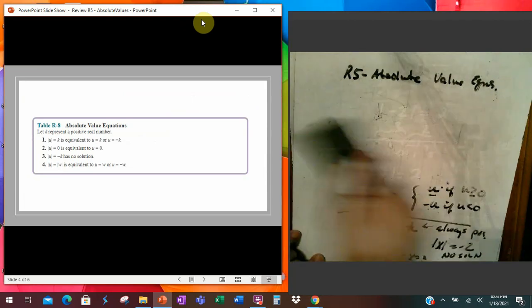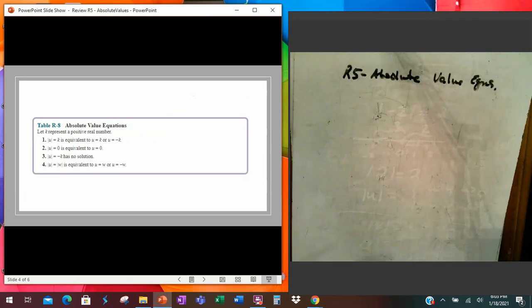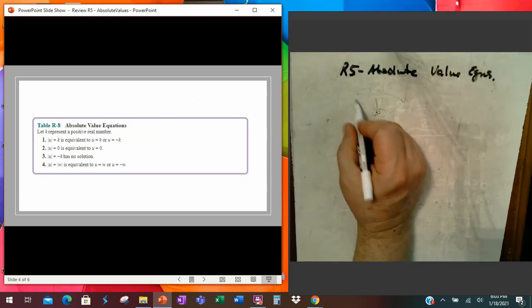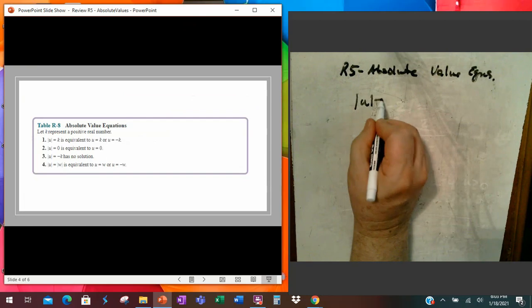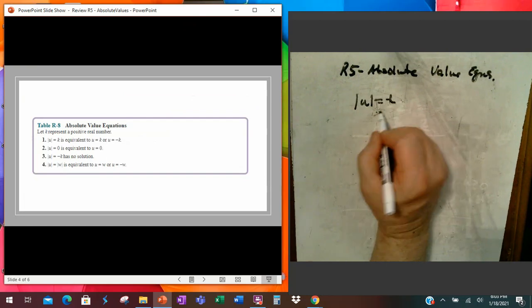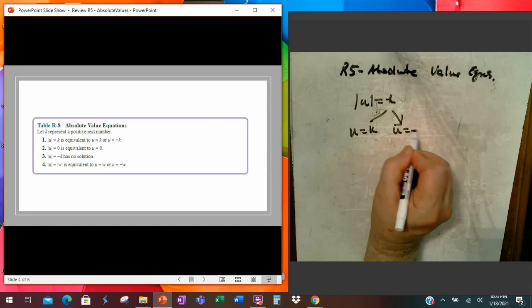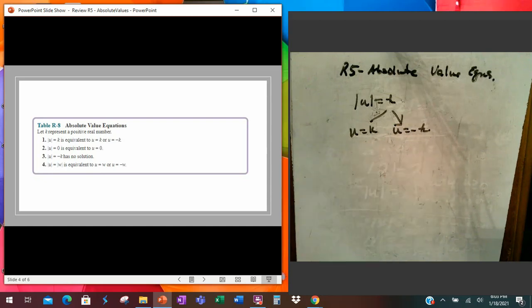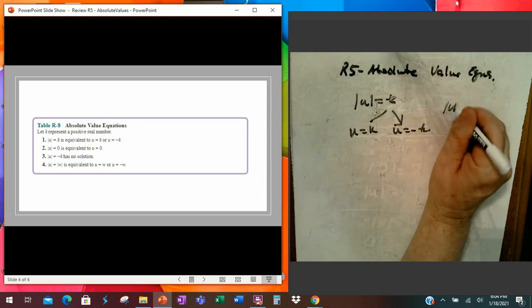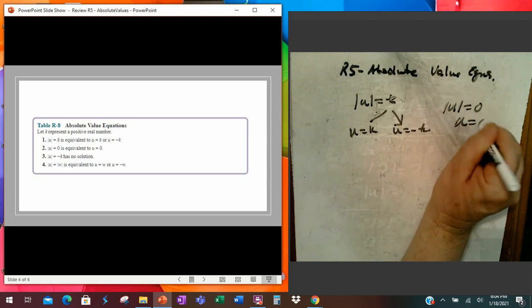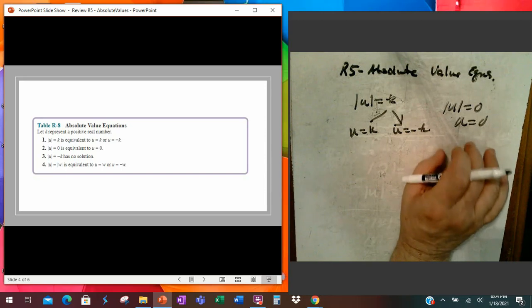So when we do absolute value equations, anytime I have the absolute value of u equal to k, I break out two solutions: u is equal to k, and u is equal to -k. That's my fundamental picture here. The absolute value of u equal to 0 means that u is equal to 0; this is the only solution for this.